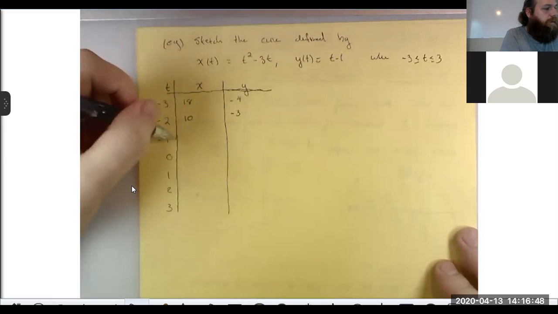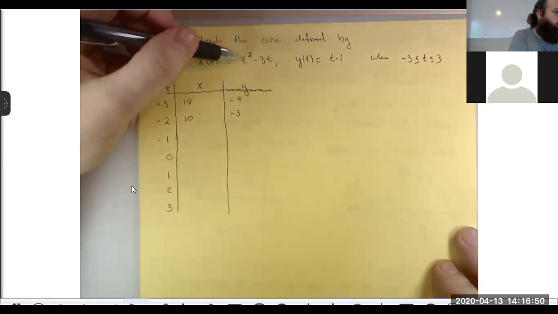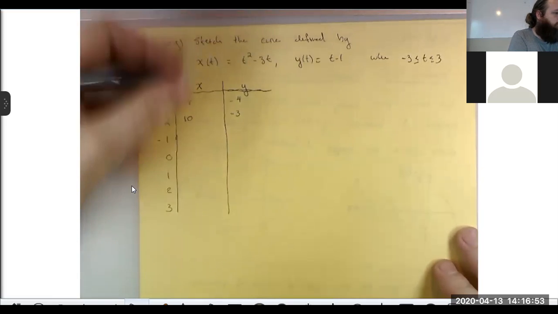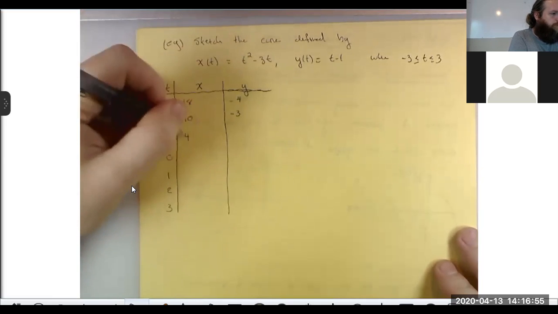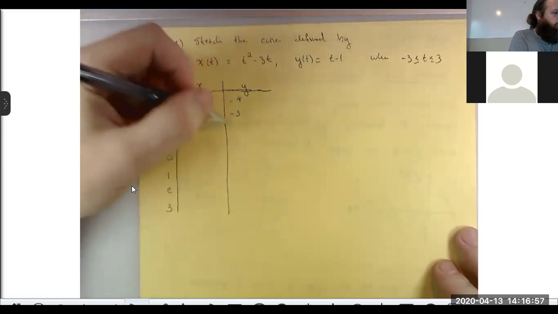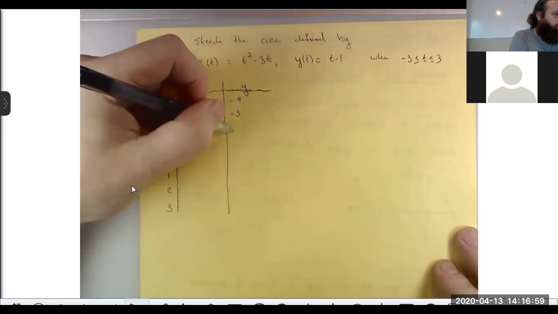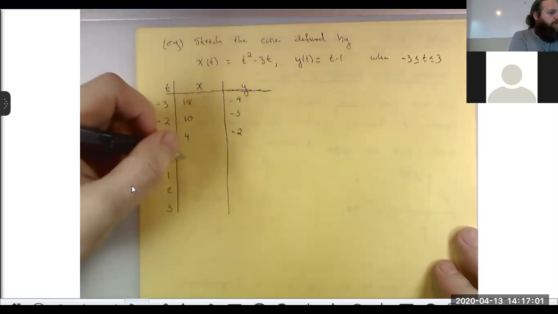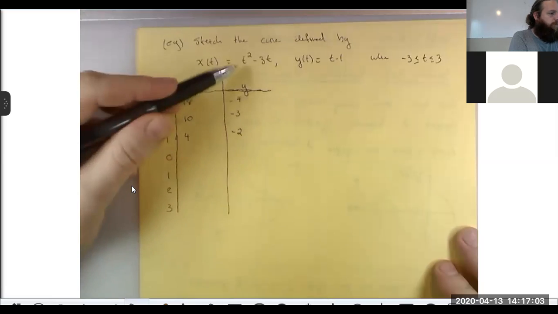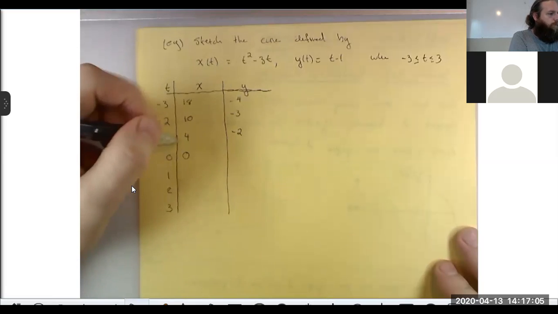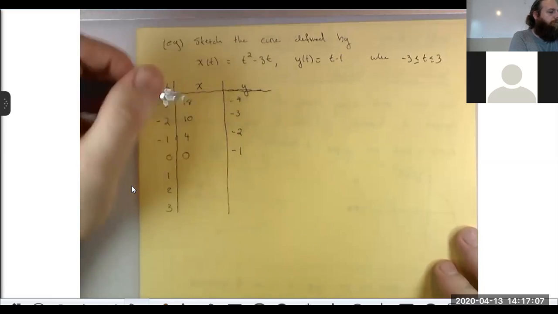When t is -1, x would be 1 plus 3, which is 4, and y would be -2. When t is 0, x of t is equal to 0, and y of t is equal to -1.